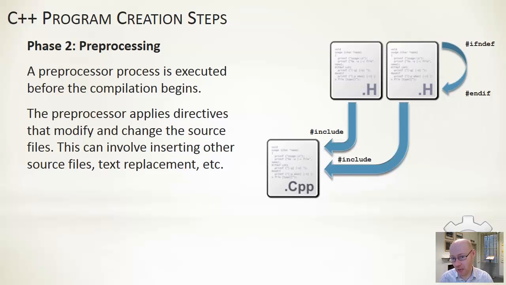You actually get those types of directives in Java and C# as well. Whenever the preprocessor encounters a directive, it processes and considers that directive, and that can end up in the source code actually changing. It can insert things, it can remove pieces, and that's quite common for a lot of languages. So preprocessing, the second phase, is the first conversion phase that brings us along the compilation process.